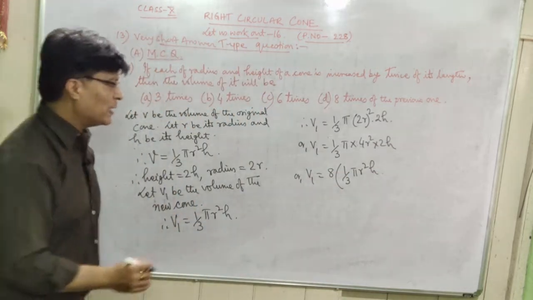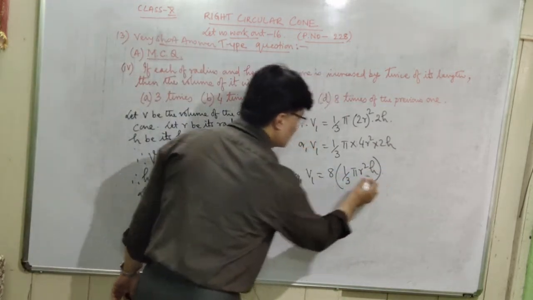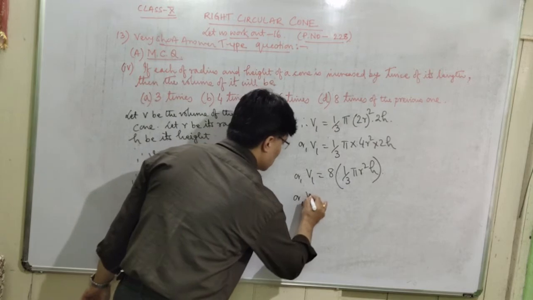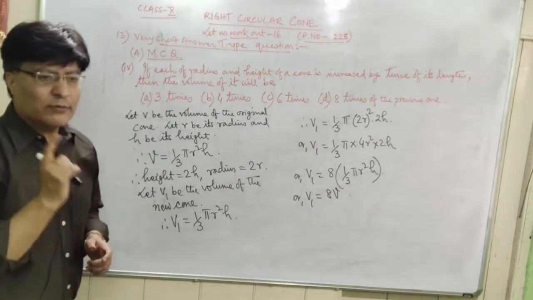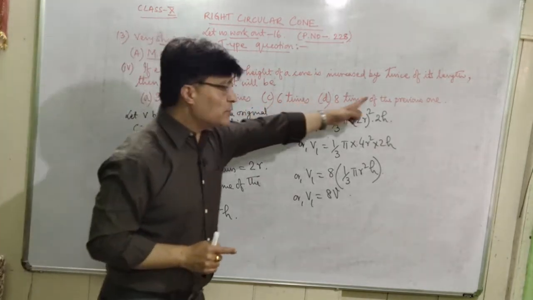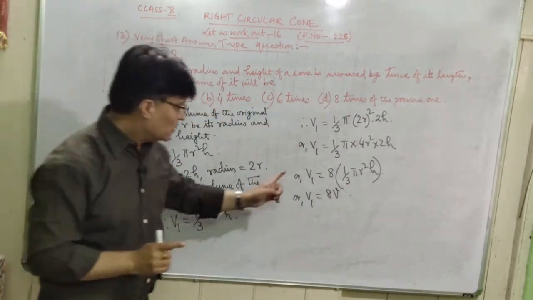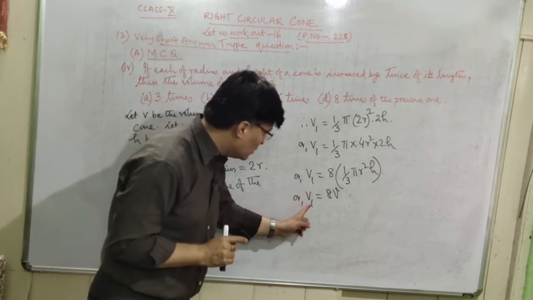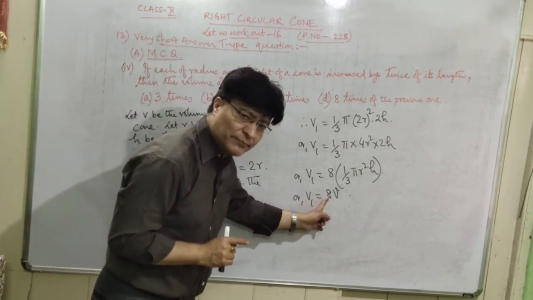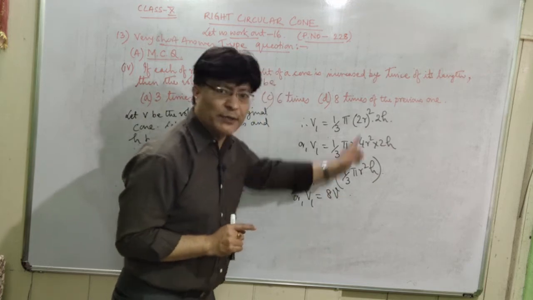Actually this 1/3 pi r square h is the volume of the original cone, isn't it? So V1 is equal to 8V. That is, the volume of the new cone will be 8 times the previous one. V1 is the volume of the new cone, so the volume of the new cone is 8 times the volume of the previous one.